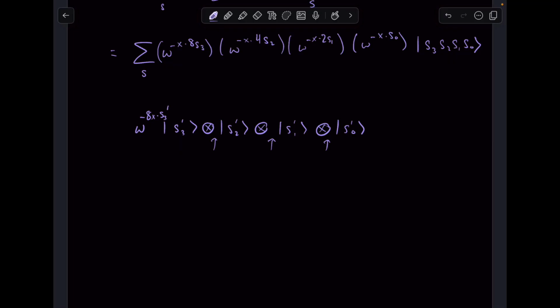So you can just think it out for yourself. If S prime 3 is 1, then we add this phase. And if S prime 3 is 0, then we don't add any phase. And that's exactly what we were looking for. Okay, so now we're just going to do the same thing for these other guys.